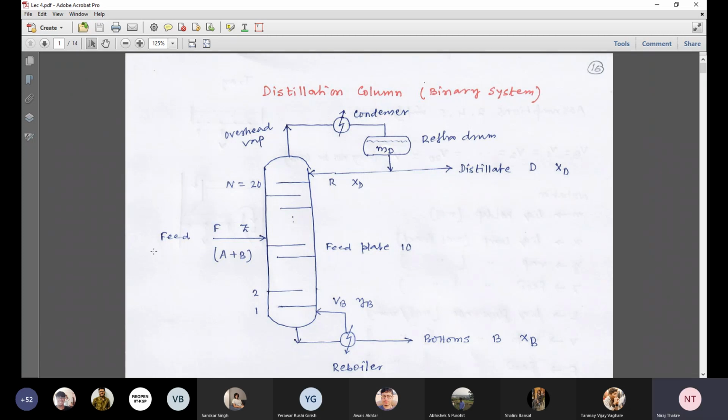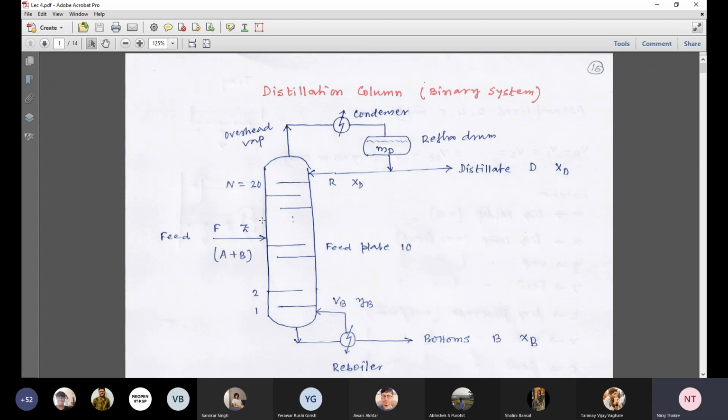We fractionate the crude oil into several products like fuel oil, LPG, petrol, kerosene, diesel, and aviation turbine fuel. All these are obtained from crude oil by the use of this distillation column. So you are understanding the importance of this column.